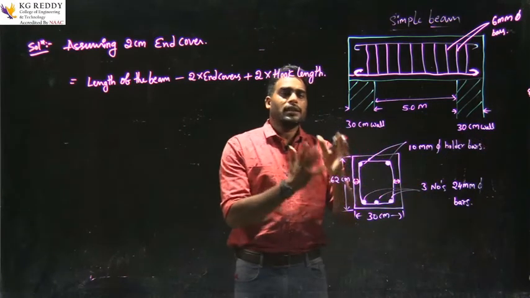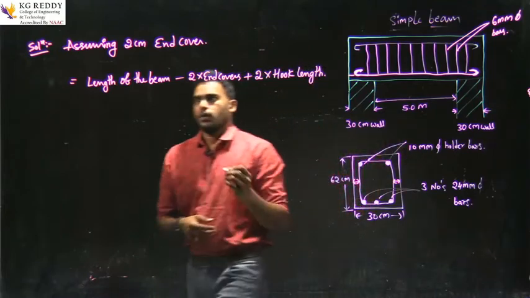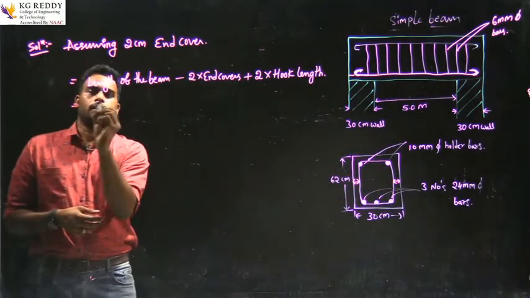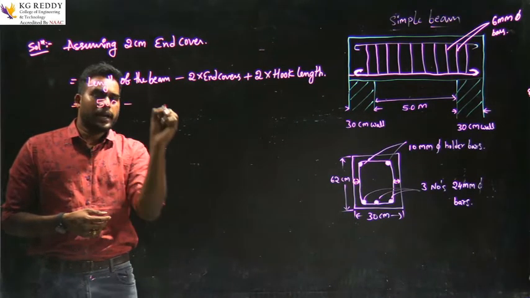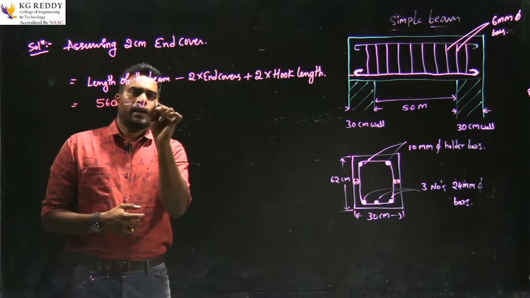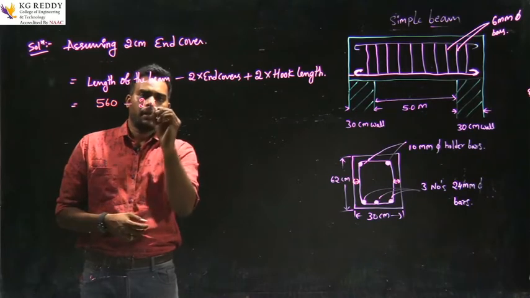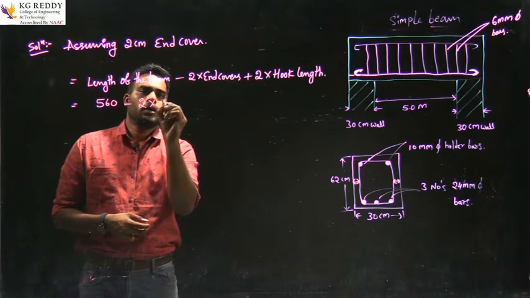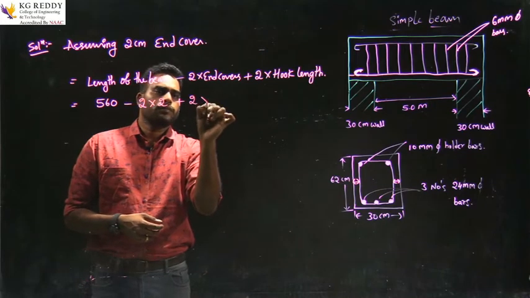So the total is 560 centimeters, the total length of the beam. Now minus 2 into end covers. We already assumed the end cover is 2 centimeters. Next, plus 2 into hook length.